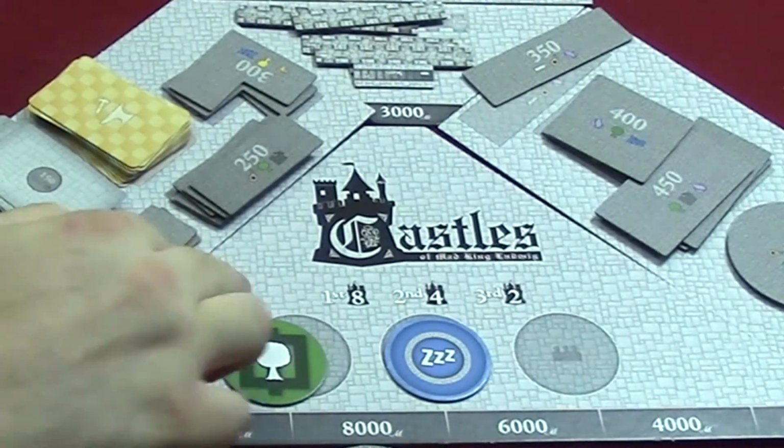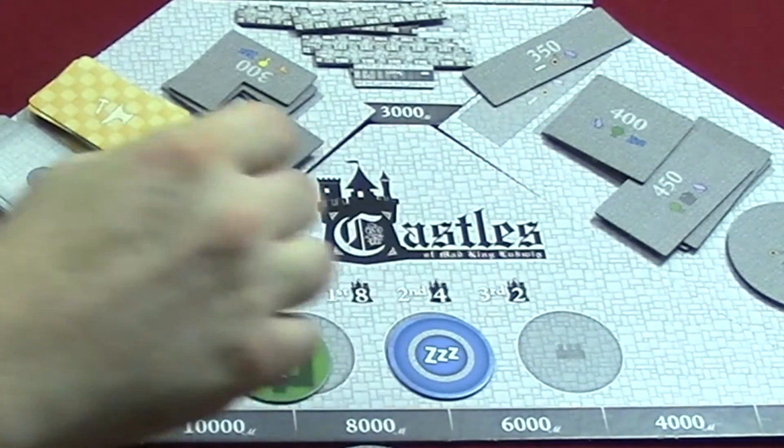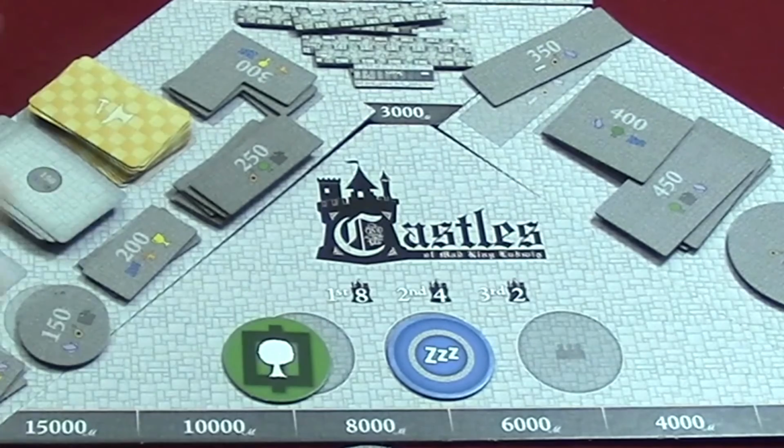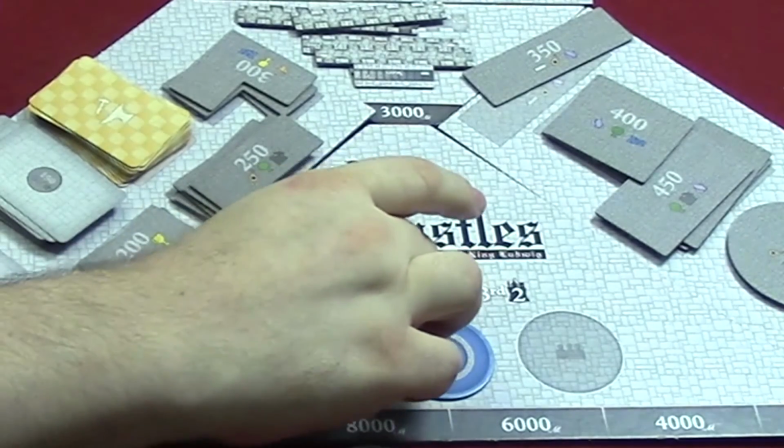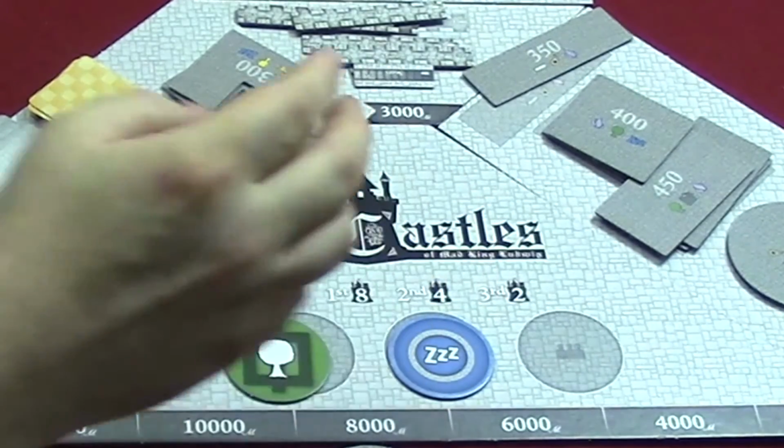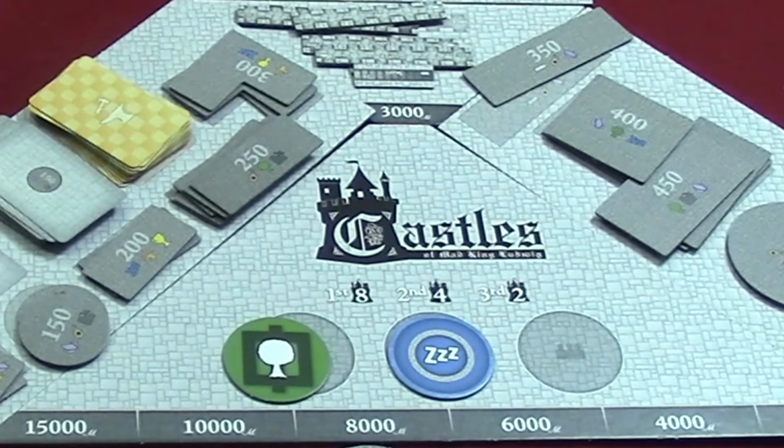Whoever has the most will gain 8 points. Second most, 4 points. If there is a tie for first, then players would add the first and second place scores, which in this case would be 12, and then divide that by 2, which is 6, and each player would receive that many points.